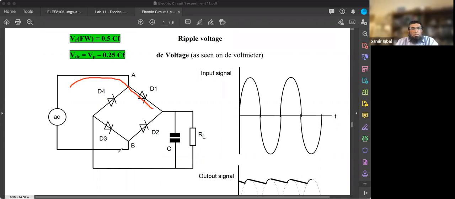And on the positive side, this is negative, which means the signal is going negative, so this would be forward bias for that case.